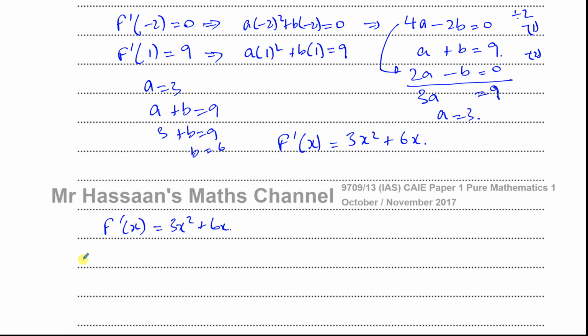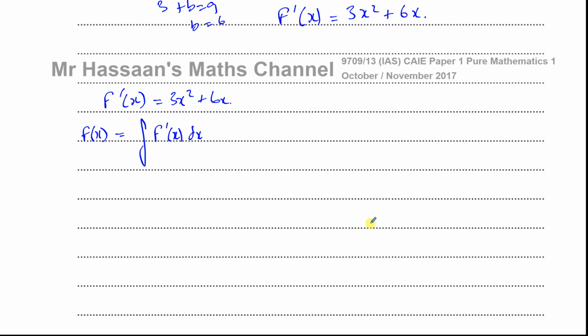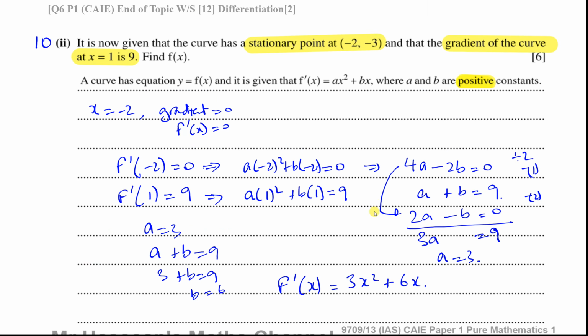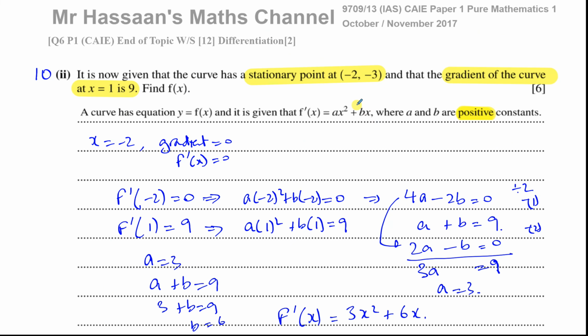Now we know that y, or f of x we could say, is when you integrate the gradient function with respect to x, you get the original function. We also know that this curve passes through the point -2, -3, because that's a stationary point on the curve.